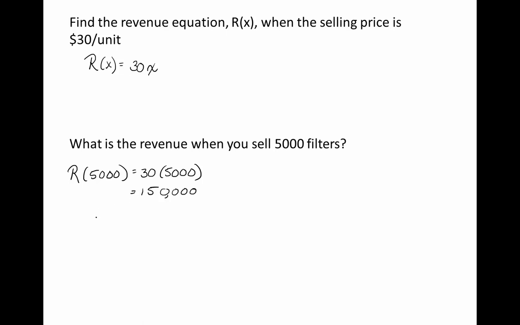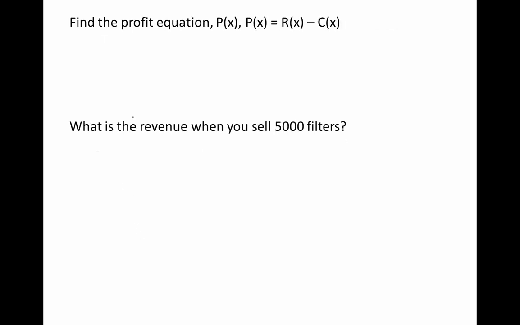Number 6 says, find Puritron's profit function. So profit is going to be the revenue function minus the cost function. So that's 30x minus, and then you have parentheses here, 20,000 plus 20x. When you simplify that, you get 10x minus 20,000 for the profit function.